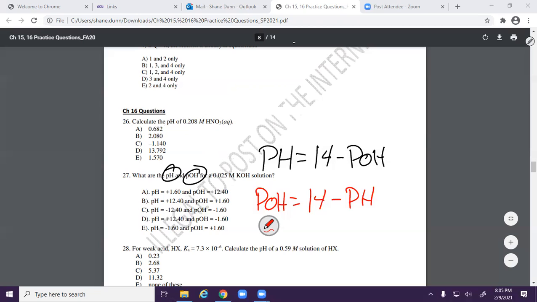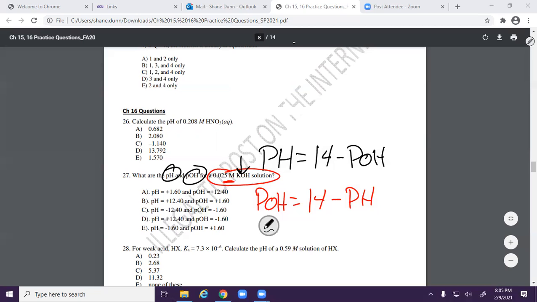So 14 minus, oh, sorry, yeah. So we're doing this right here. Not 14 yet. So KOH. What am I dealing with right now? A weak acid or a strong base, right?